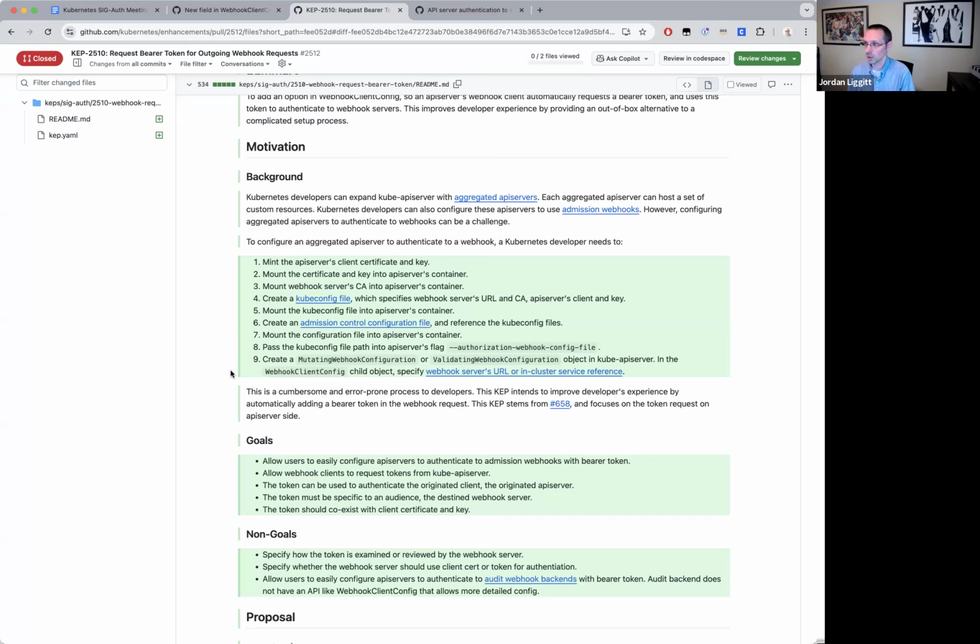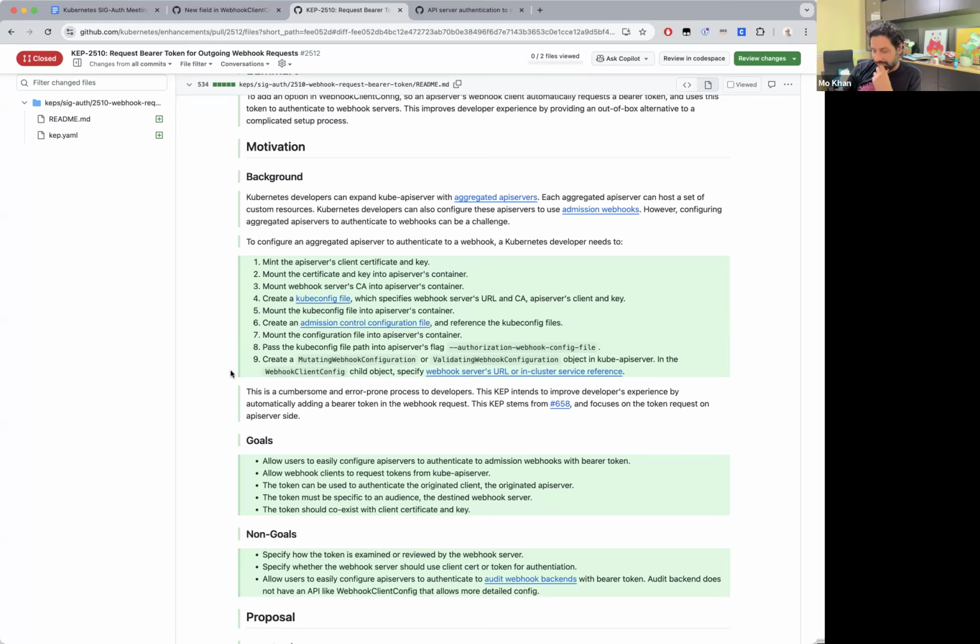I can see how it could work, but you're right. The webhook, depending on what it's expecting to intercept, will have to be able to, in addition to figuring out the identity, decide is this identity allowed to call me? and ones that intercept stuff from Kube API server and from aggregated API servers. That's the hardest thing to figure out. So we should figure out how that will work.